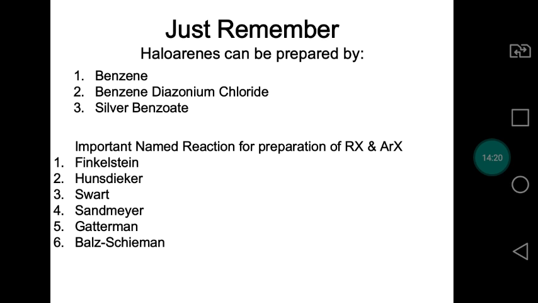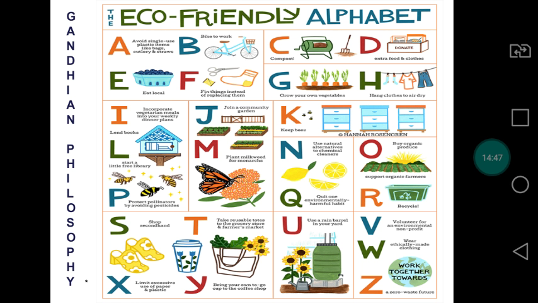Hunsdiecker, from the silver salt, gives haloalkanes with one less carbon. Swarts is specifically for fluoroalkanes. Sandmeyer, from benzene diazonium chloride, gives halobenzene, specifically chloro and bromobenzene. In Gattermann, just a few catalysts are changed and we get chloro and bromobenzene, and Balz-Schiemann is specifically for fluorobenzene. So I hope you understood all these reactions.